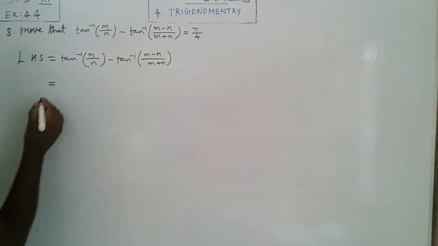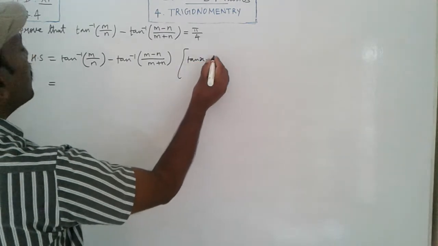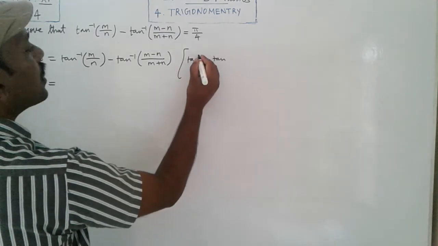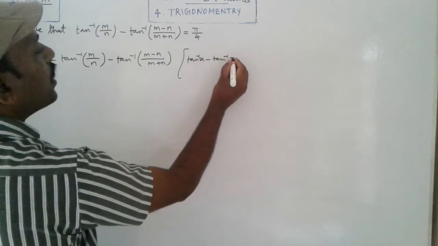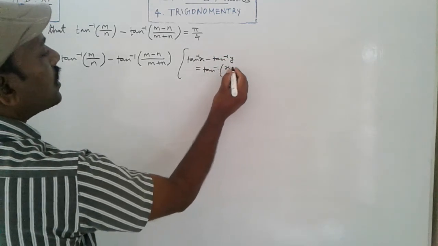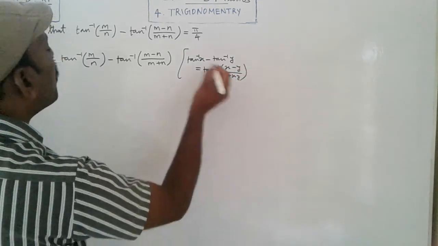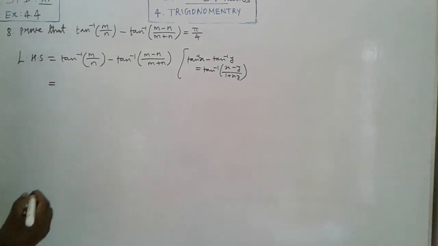So that is equal to, we know the formula: tan inverse x minus tan inverse y equals tan inverse of (x minus y) divided by (1 plus xy). Substitute this formula.